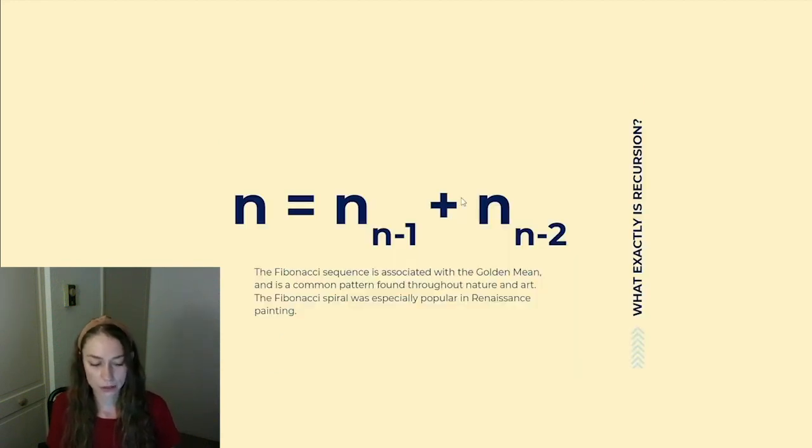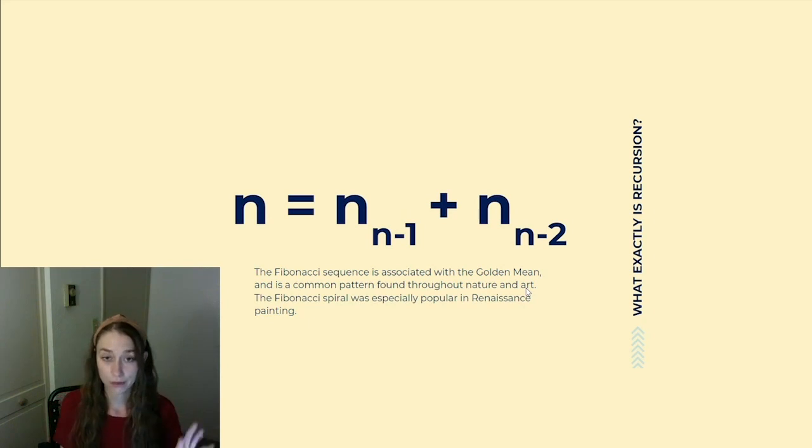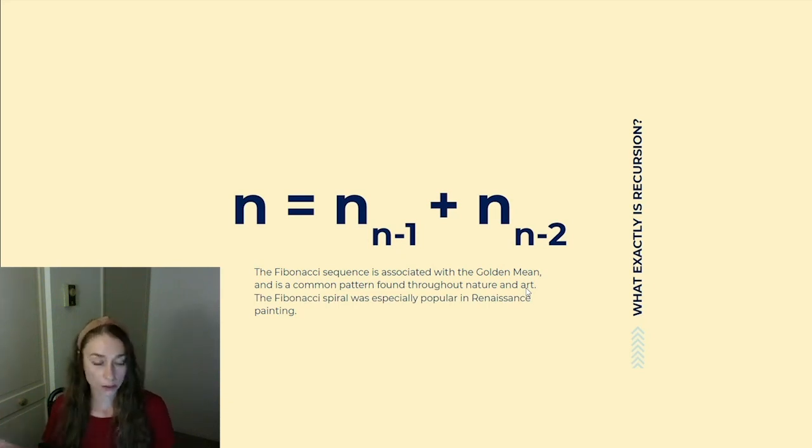So basically what you're doing is you're taking the number before the number, and then you're taking that number before that number, and then you're adding those two numbers together. So 1 and 1 is 2, and then 2 and 1 is 3, and so on and so forth. So definitely go look up Fibonacci if you're interested. It's just the classic example of recursion.